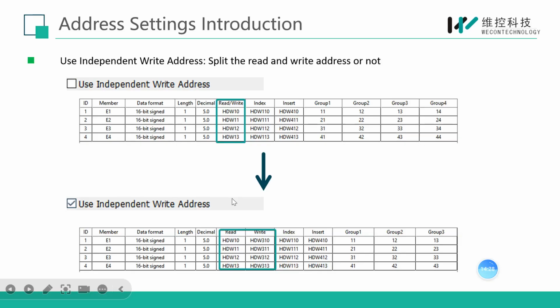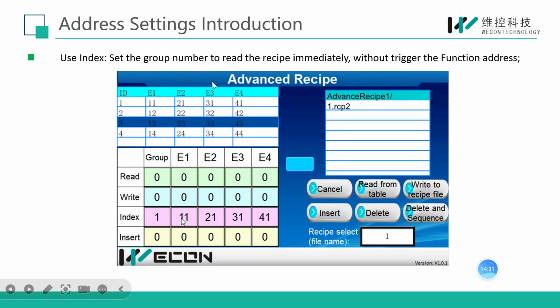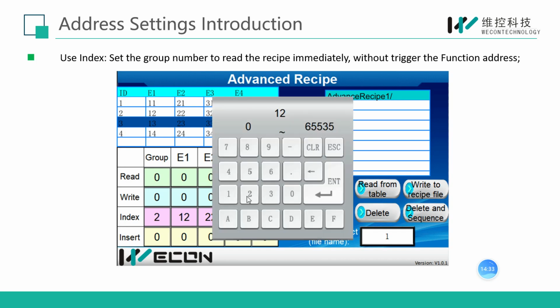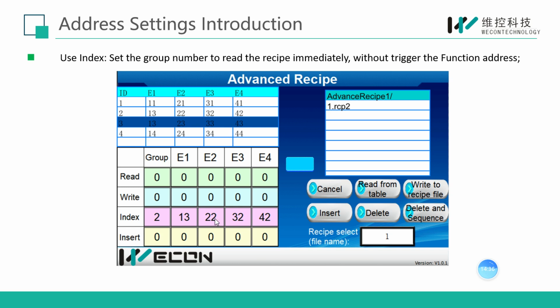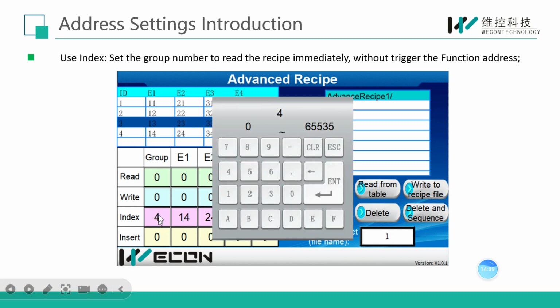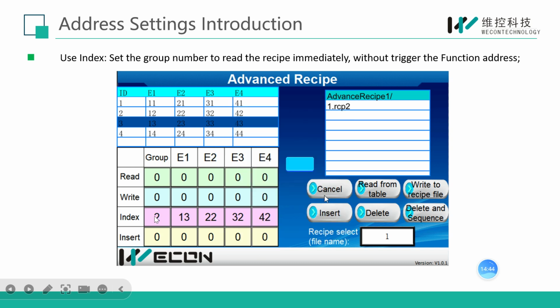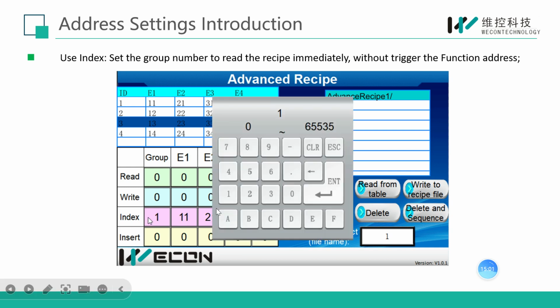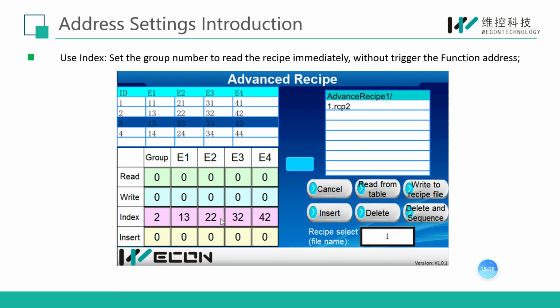But this one, use index, does not need to trigger the function address at all. We just need to set the group ID, then the corresponding element parameters will be directly displayed starting at the start address of the index. So it is something like a quick setting of the recipe.